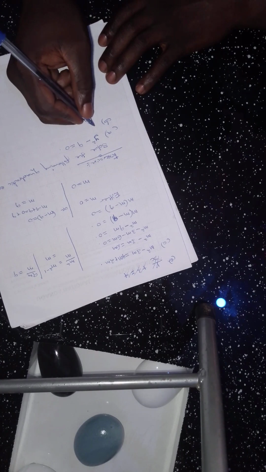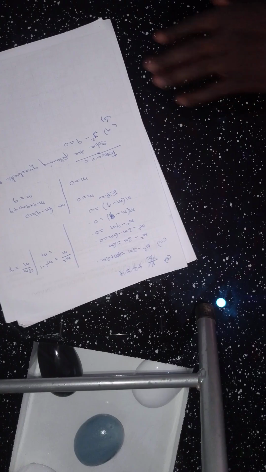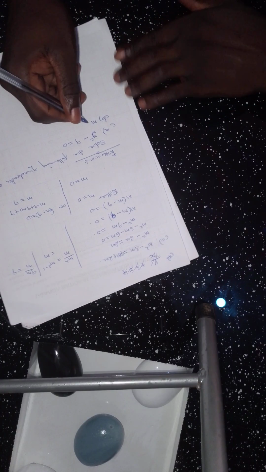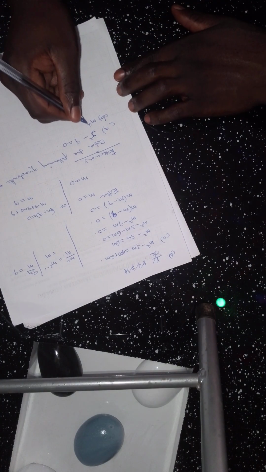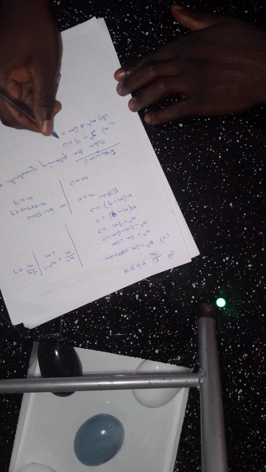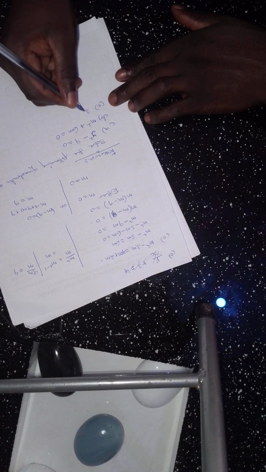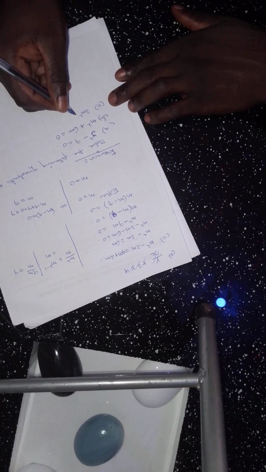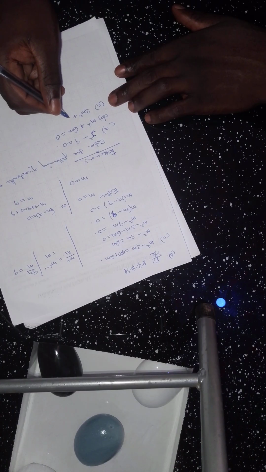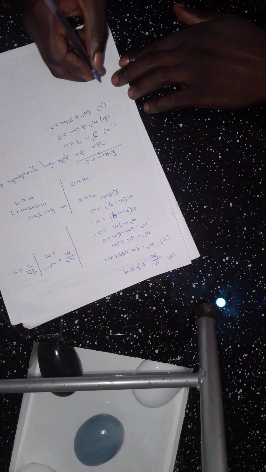Part B, we have m squared plus 6m is equal to 0. Part C, we have 3m squared plus 27m is equal to 0.